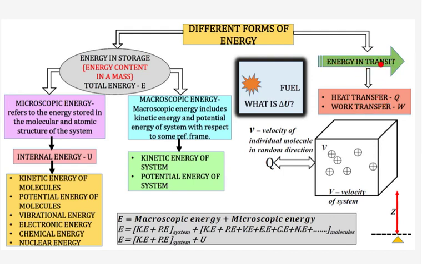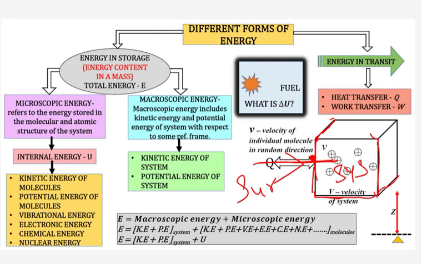Energy in transit means it will transfer, it will cross. Let's say this is my boundary, this is my system, and this is my surrounding. If heat is going from the surrounding to the system, it is crossing the boundary, so that's why we call it heat transfer.